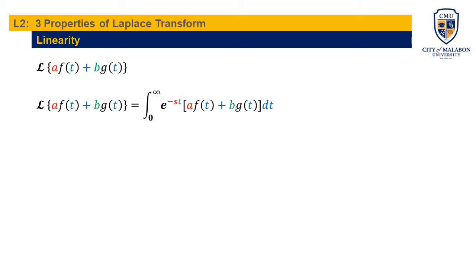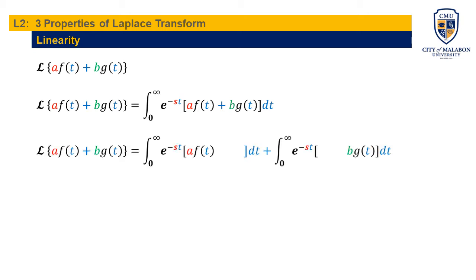So, ang sabi sa linearity theorem is dahil meron tayong plus dito, dinidistribute natin yung ating Laplace transform sa kada component. Okay? Dinidistribute natin yung ating Laplace transform dun sa kada component. Therefore, yung ating Laplace transform ng combination ng dalawang function is now equal to the integral from 0 to infinity of e to the minus st times a f of t dt plus the improper integral from 0 to infinity of e to the minus st times b g of t dt.